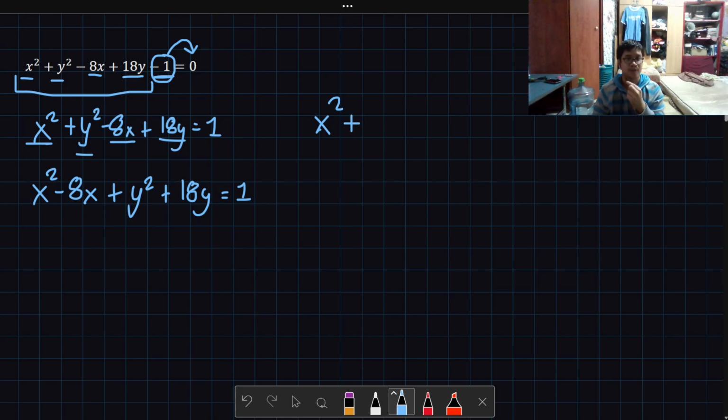Then another thing you should have is a term that has a variable of x, and the coefficient here is b, where your b should not be equal to 0. Basically, if you have x squared with no other coefficient except 1, and then you have x as a second term, where the coefficient of x, not x squared, is not 0, then there you will do completing the square.